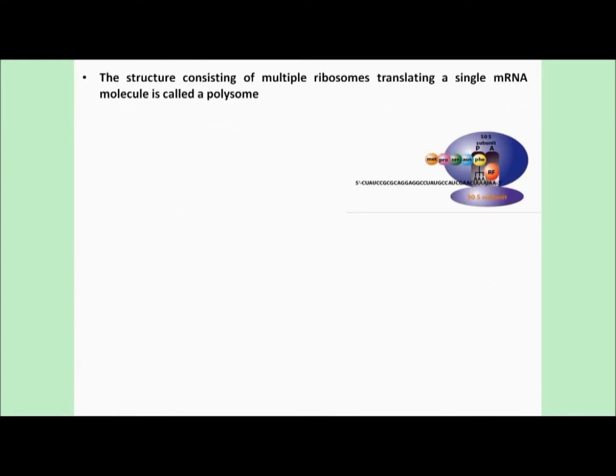So the structure consisting of multiple ribosomes translating a single mRNA is known as a polysome. I repeat, the structure which consists of multiple ribosomes translating a single mRNA. This is a single mRNA. This is a set of ribosomes. A different set of ribosomes will come. So this set of ribosomes is known as the polysome. Right? Now eventually the mRNA is degraded, and translation of this particular message will cease.